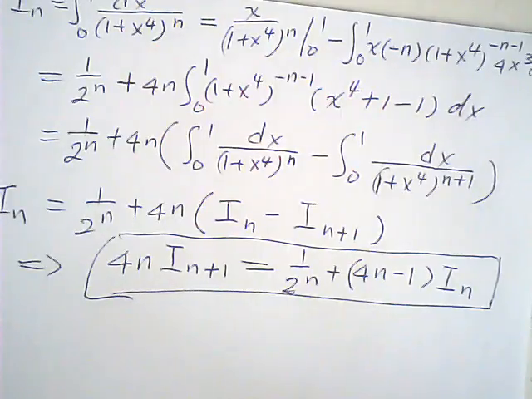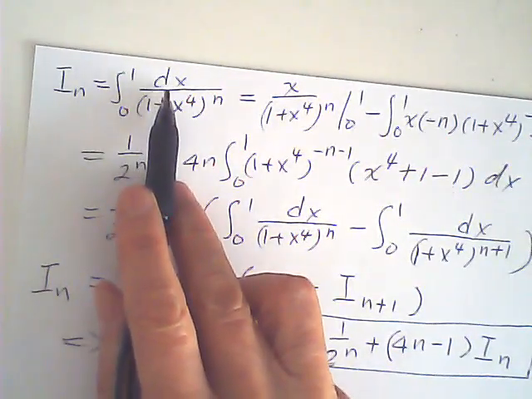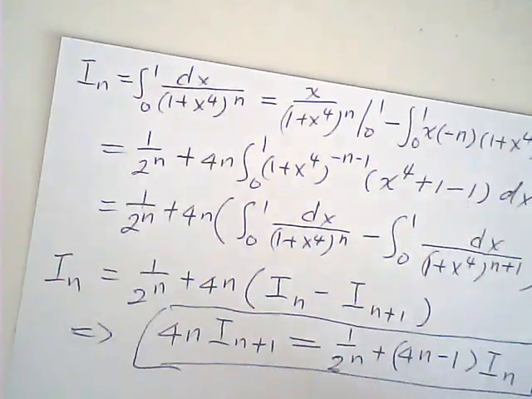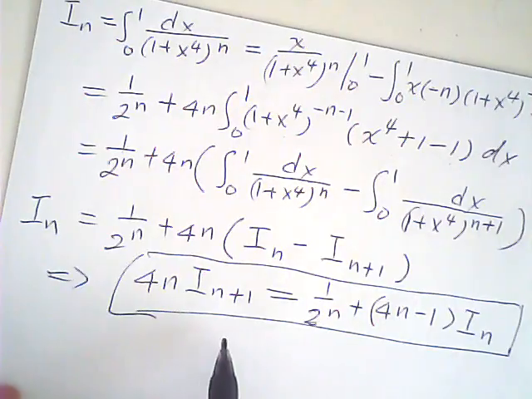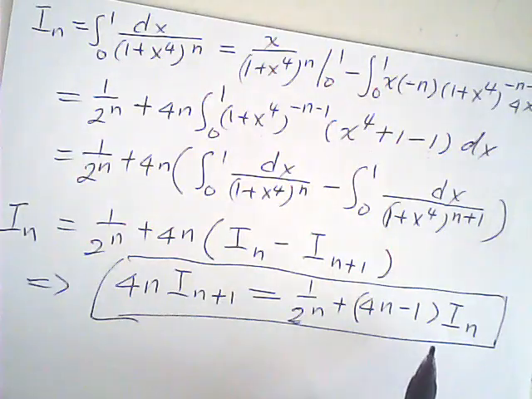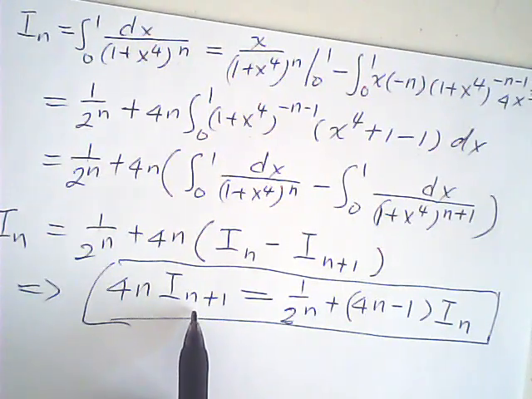Well, I0 is x from 0 to 1, so it's equal to 1. But we cannot find I1 from this. When we're looking for I1, n must be 0.